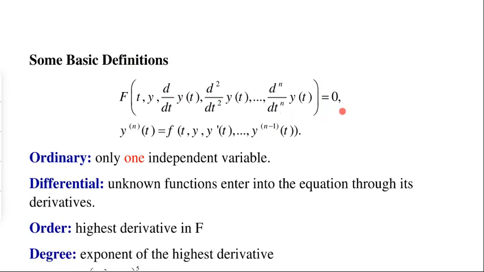Here in this equation, we have a function of these elements: t, y, the first derivative of y with respect to t, the second derivative of y with respect to t, up to the nth order derivative of y with respect to t.